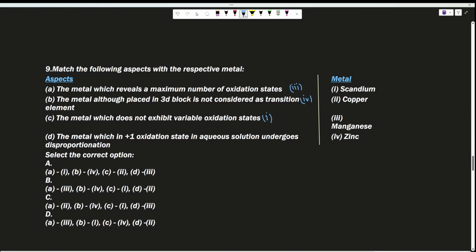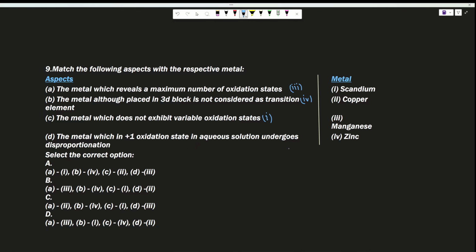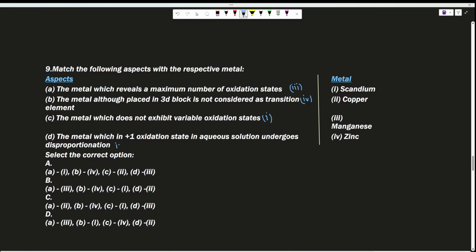Then the metal which in +1 oxidation state in aqueous solution undergoes disproportionation. Of course, that is copper, because when you consider it in solution, for Cu2+ the hydration energy will be more. Hydration energy is the energy released when any compound of copper gets dissolved in water.